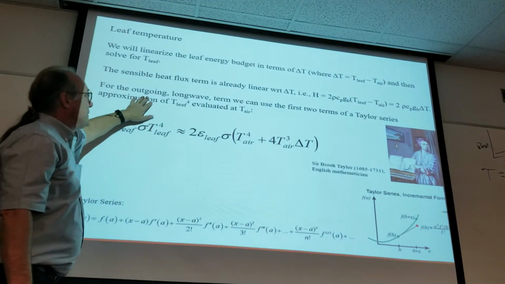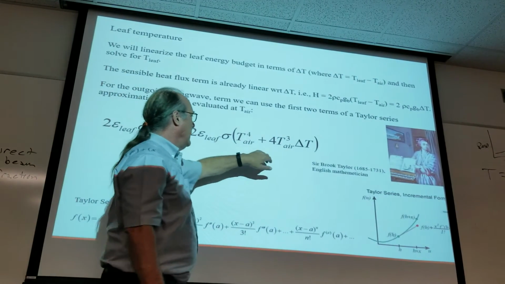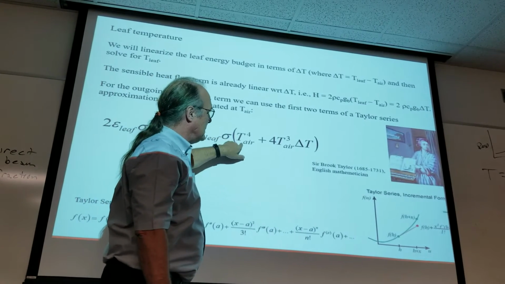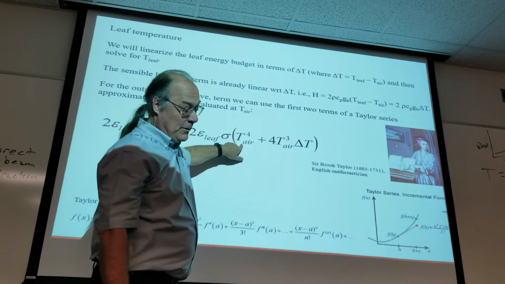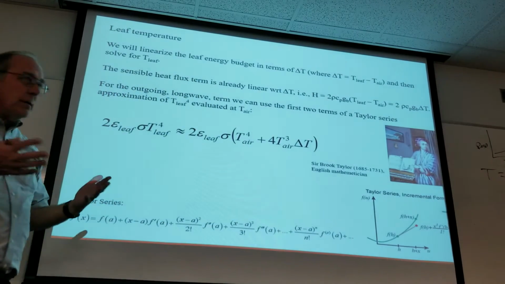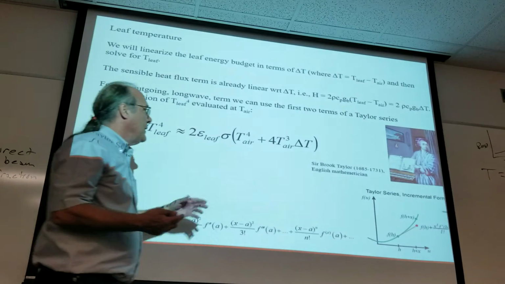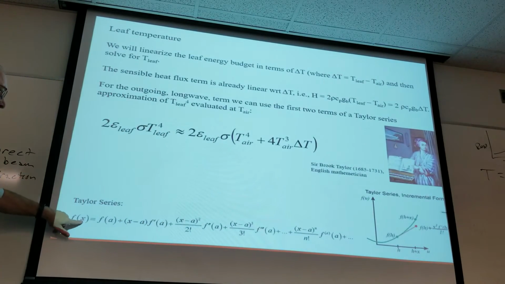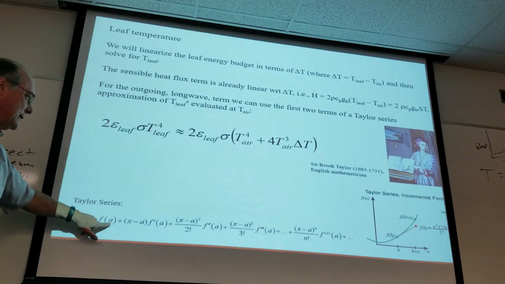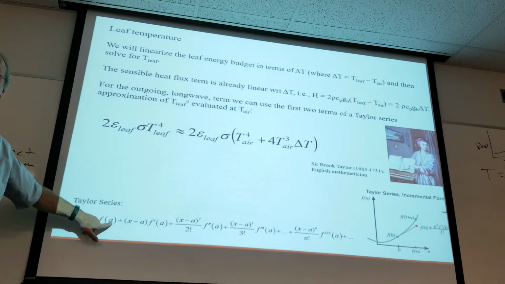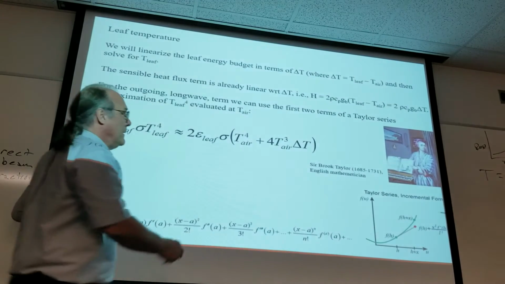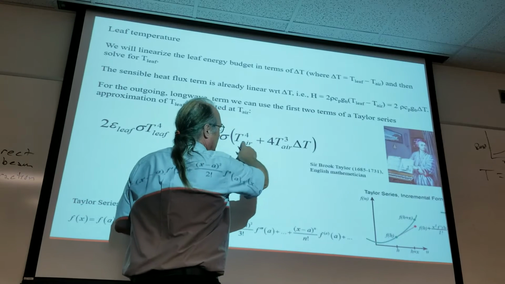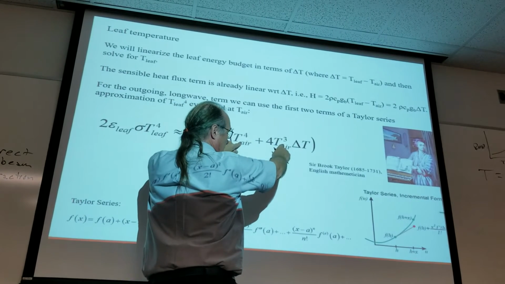The outgoing longwave term, so this 2 epsilon sigma T leaf to the fourth. Since we don't know what T leaf is, we evaluate that at the air temperature. We don't know what the function is at x, but we know what it is at a, the air temperature, times the first derivative of this function.